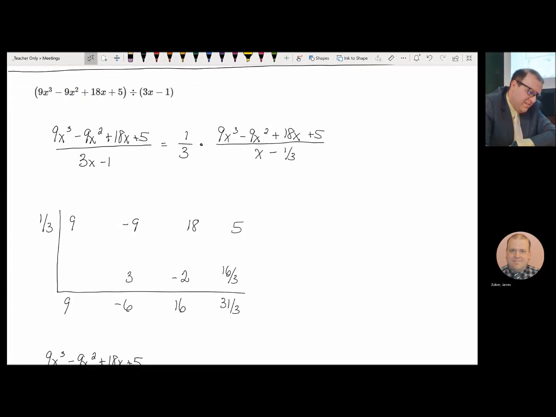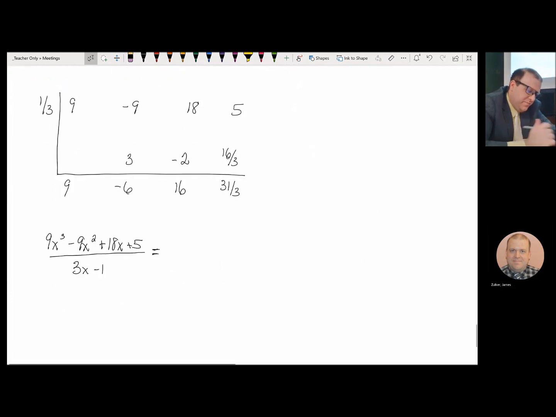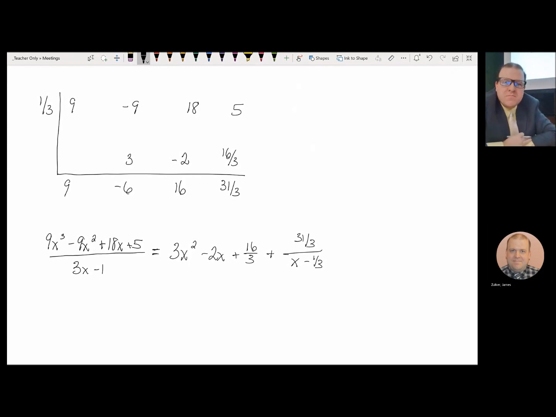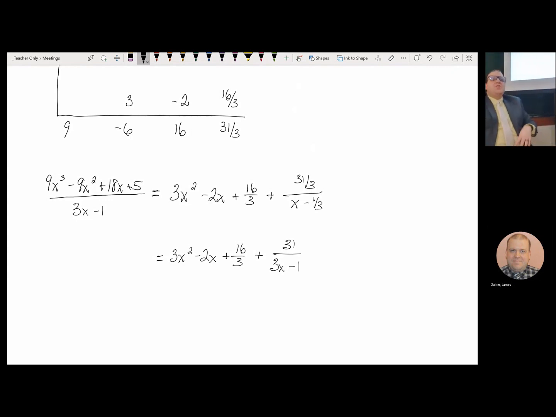So what's the degree of the quotient? So you have to divide everything of the quotient by 3.